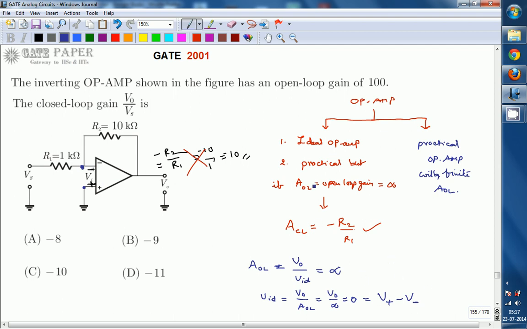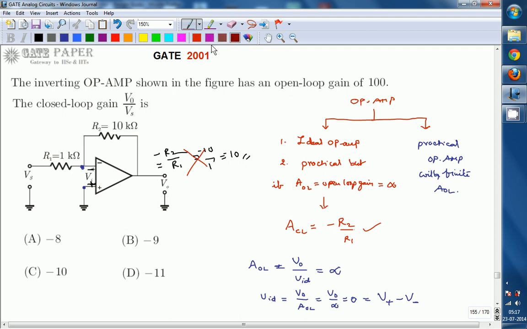So the voltages at the non-inverting and inverting terminals are virtually shorted. This concept is called virtual short. The virtual short concept exists in an ideal op amp or a practical op amp with infinite open loop gain. This is very important.